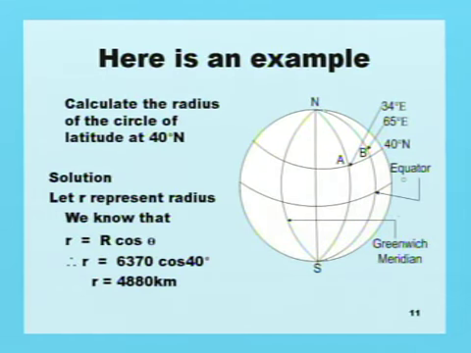So little r is equal to 6,370 times cosine 40 degrees. Put this value into your calculator, so you can find cosine 40 and multiply that answer by 6,370, and we have the radius of the circle of latitude 40 degrees north as 4,880 kilometers.